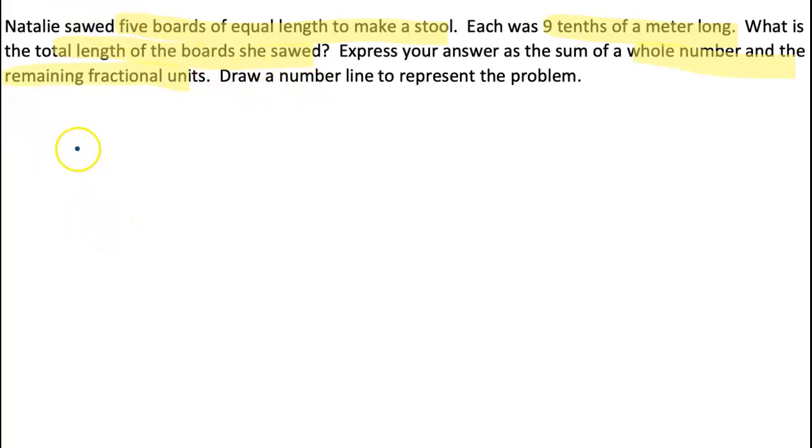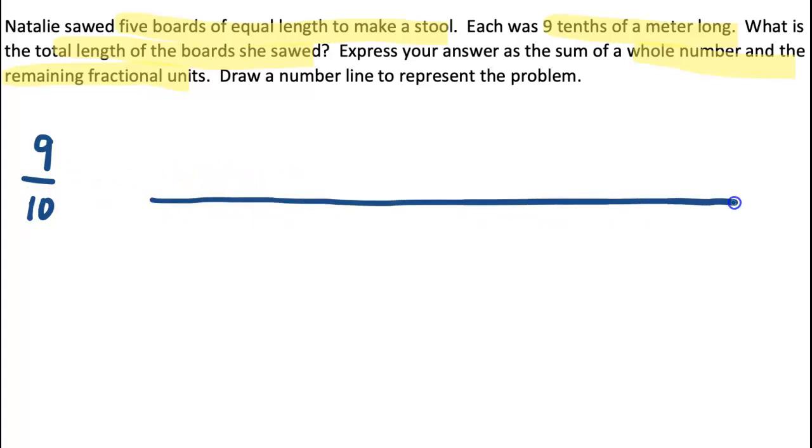So our unit fraction is 9/10. It tells us that. Okay, so here's my number line. I know 10/10 is going to be 1 whole. All right, so we're going to do a multiplication problem here. If we've got 5 boards and they're each 9/10 of a meter long, we're multiplying by a whole number.